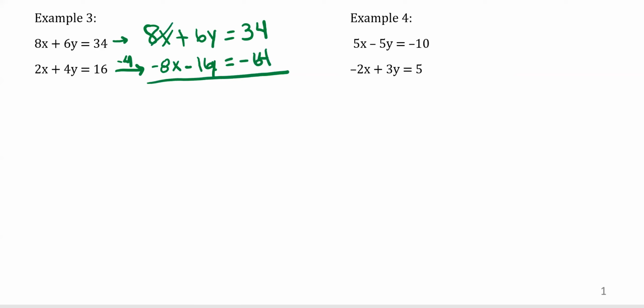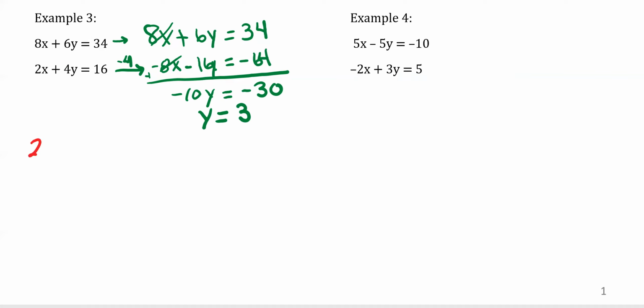So 8x plus -8x is 0. So I've eliminated x. 6y minus 16y is -10y. And 34 plus -64 is -30. Divide both sides by -10. And y is equal to 3. Now let's substitute in y equals 3 into one of the equations.